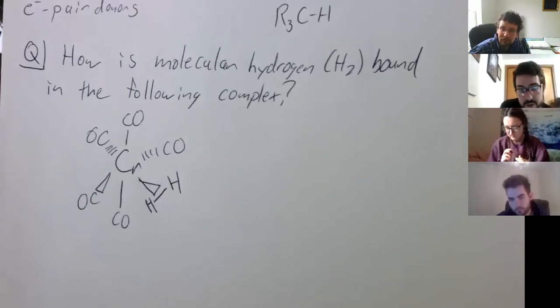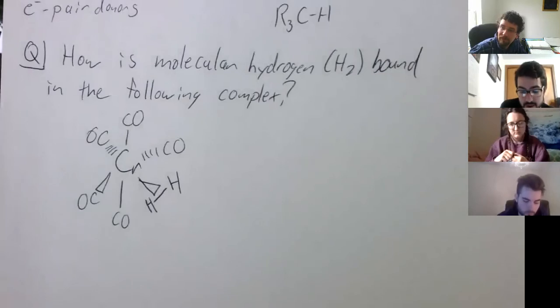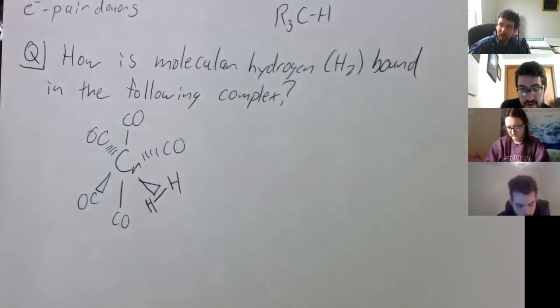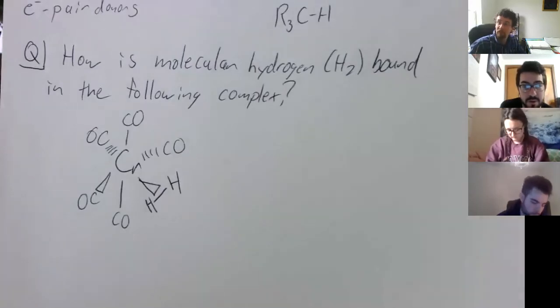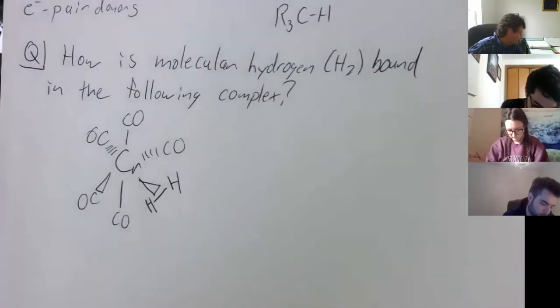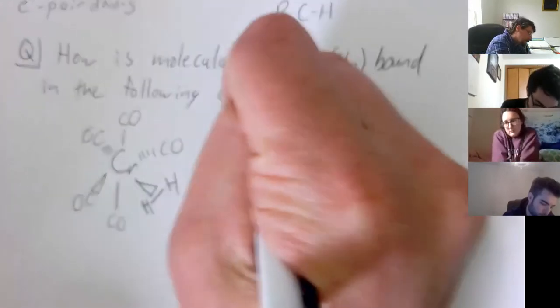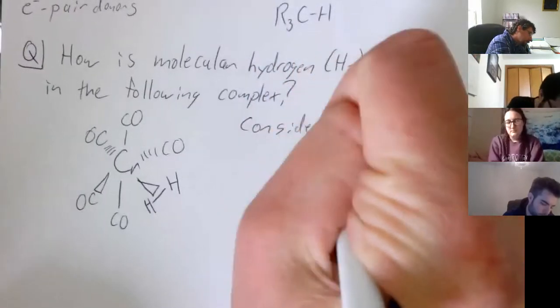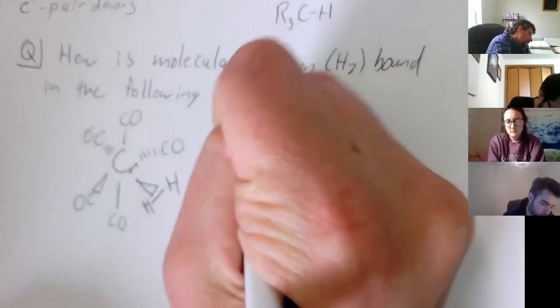Well, the way that you have it drawn makes it look like both atoms are bonded to the chromium. Yeah. It's like the sigma bond that really connects. It's the molecular orbital that bonds the chromium. That's what we want to do. We want to look at the molecular orbitals of H2. So let's consider MOs of H2.